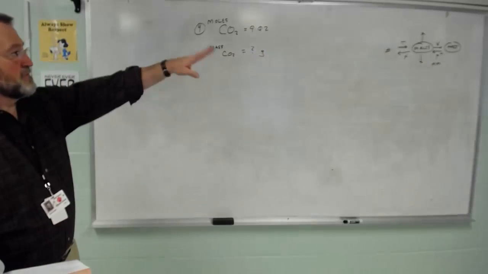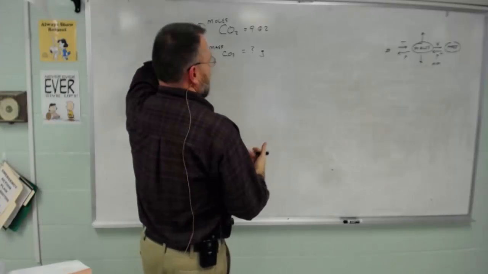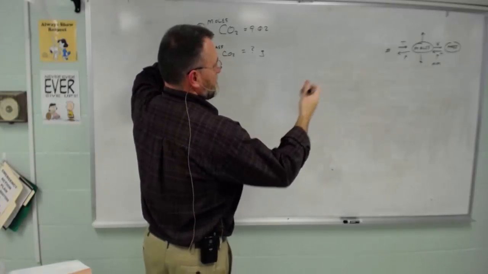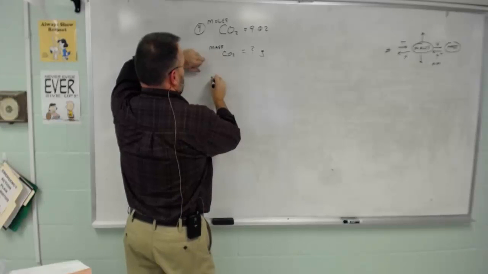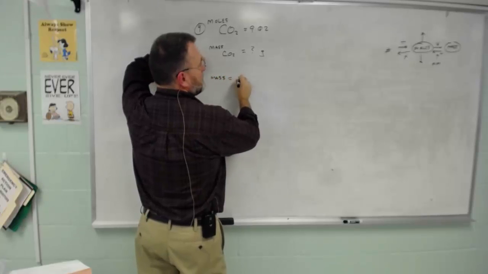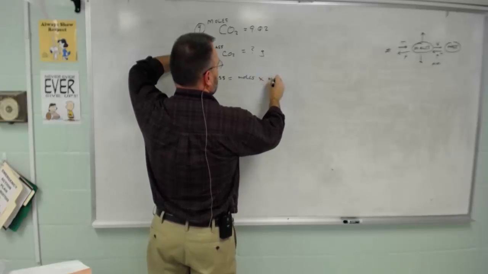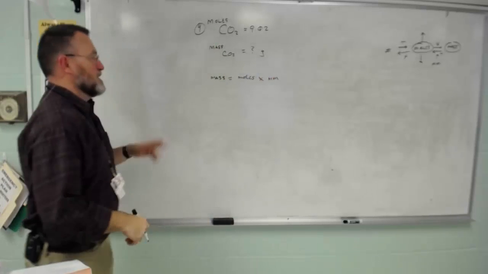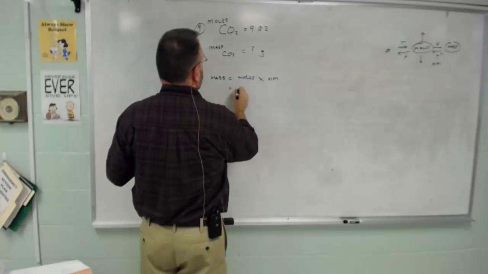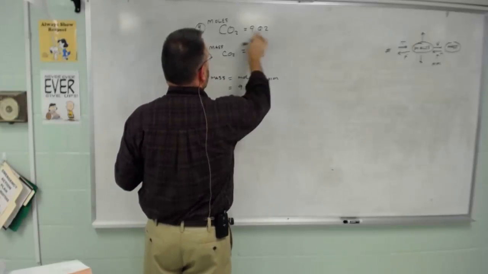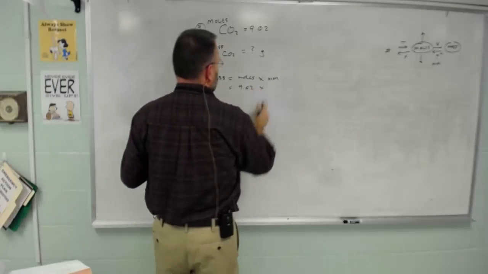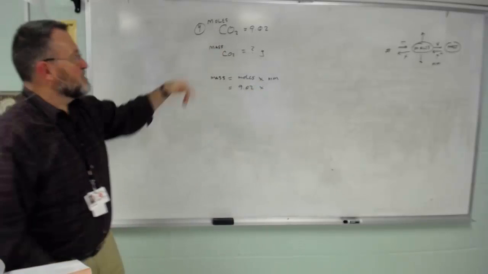Again, looking at the diagram, we've got mass and moles, and we have to convert from moles to mass. So the mass is equal to the moles times the molar mass. The mass is equal to 9.02 moles times whatever the molar mass is of carbon dioxide.